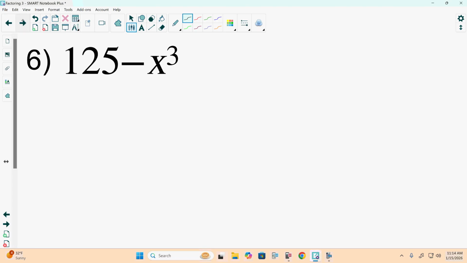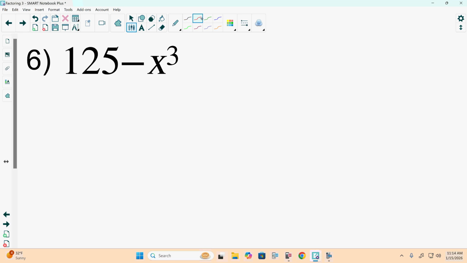Let's go to this one here, because I think we've kind of got the hang of this, yes? What's the big difference between this one and the last one? They're in different places. Yes, we have a number in front, we have a constant, and the variable second. It's not going to change anything. It's not going to do anything different.